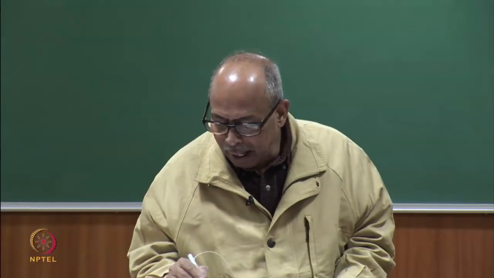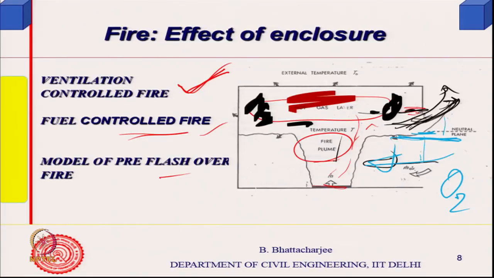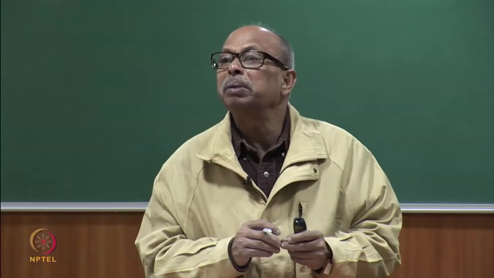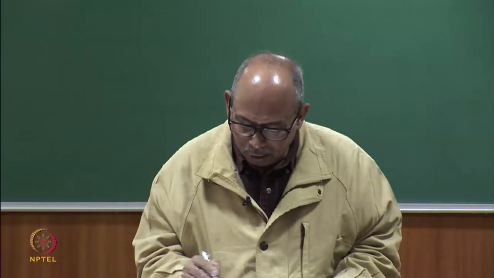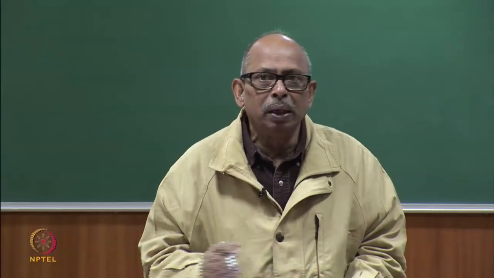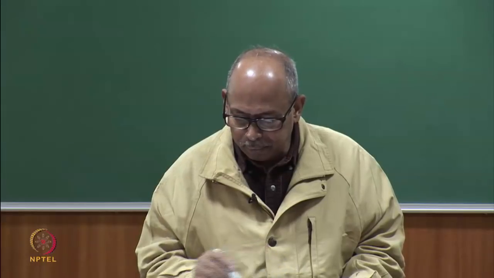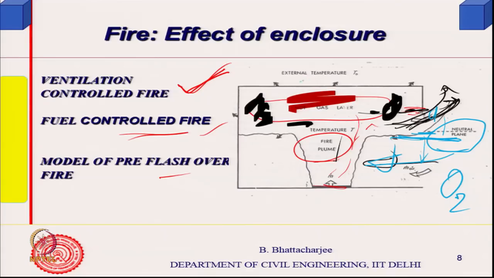The plane below which oxygen comes and above which the hot gases go out, we call it the neutral plane, because nothing is going out, nothing is coming in there, the pressure must be 0. So, pressure inside and outside must be 0, that is a neutral plane. That is the behavior of the fire. External temperature is Ta, and then internal temperature goes on increasing.